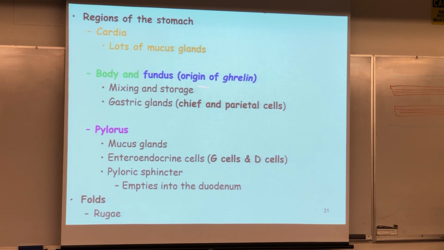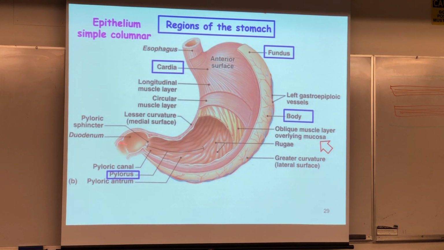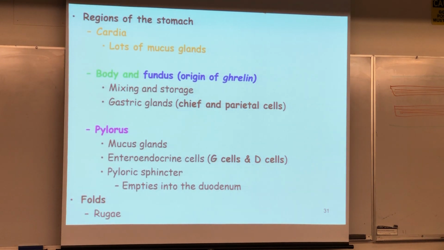Now, both regions will do chief and parietal cells, which you now know is your pepsinogen and your hydrochloric acid production site. In the pylorus region, which remember is this area here, this area there, is where I'm going to have my G cells and my D cells. That's why it has to be an endocrine signaling system.